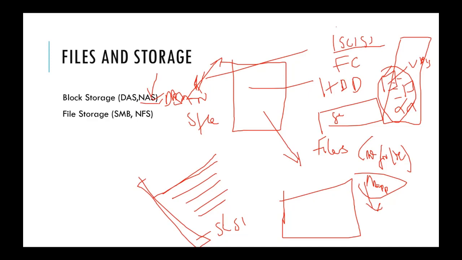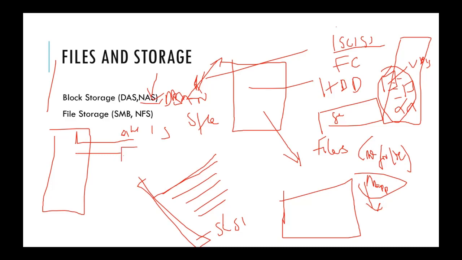So I would have my server here connected through an Ethernet cable, if I'm using iSCSI, or connected using a fiber channel cable to an EMC switch which is connected to an EMC box. Then I create what I refer to as LUNs. These LUNs are then assigned to this server.